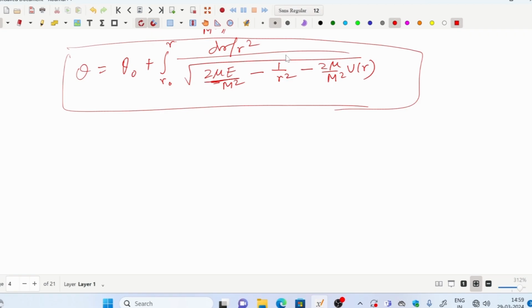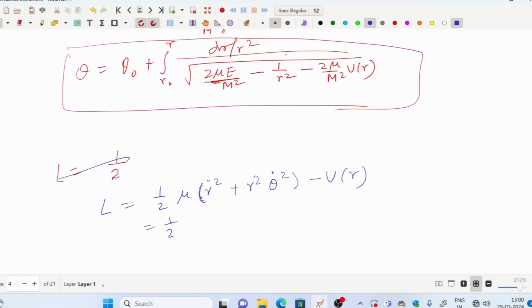So let us consider the particle. Let me start with the Lagrangian, again with a different ink. The Lagrangian is half mu times r dot square plus r square theta dot square, minus U of r. Let me write this by substituting theta dot, which, remember, is m by mu r square.